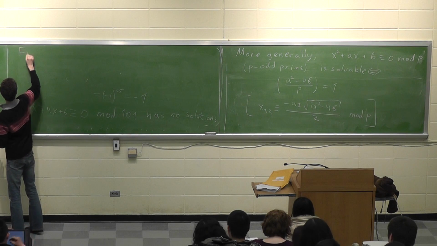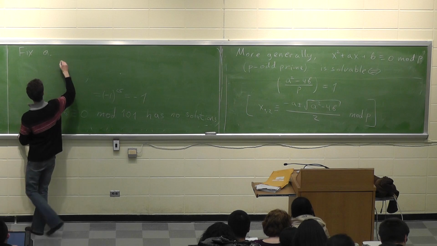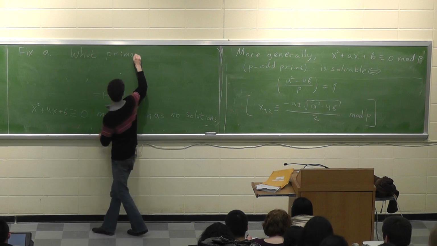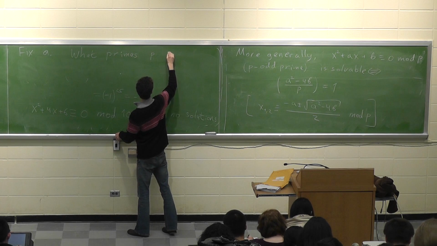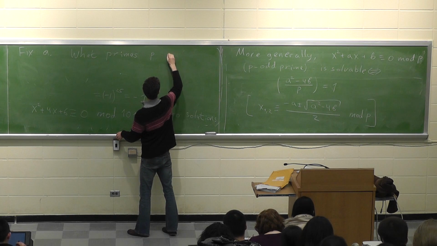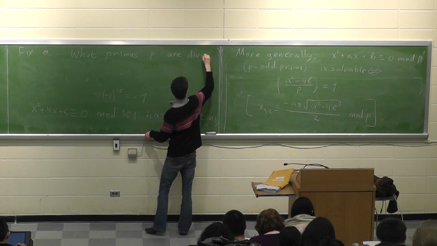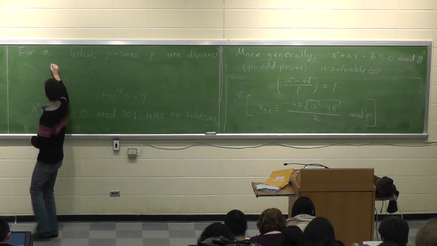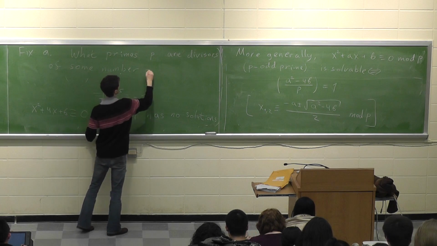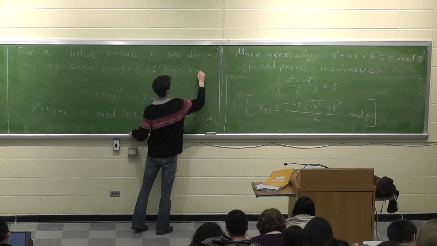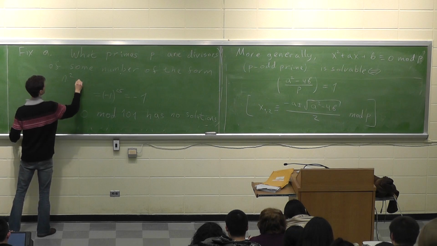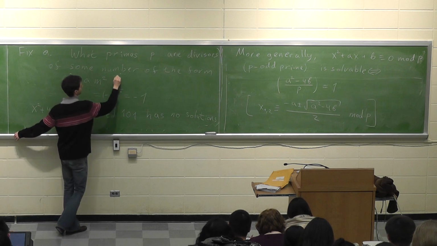So fix a, and the question is what primes p could be divisors of some number of the form n squared plus a m squared.